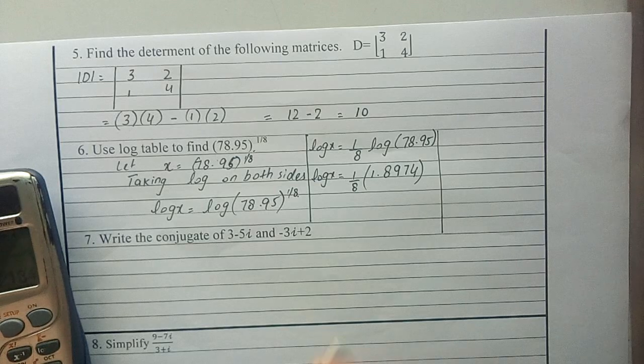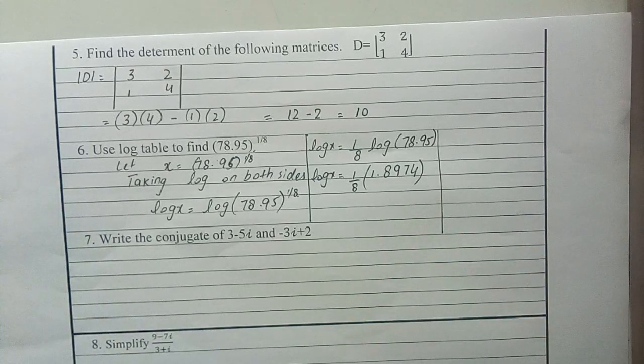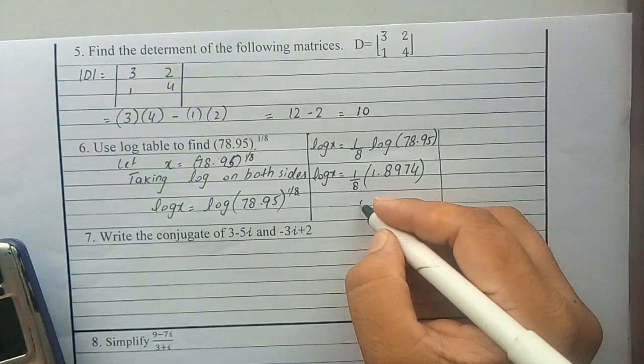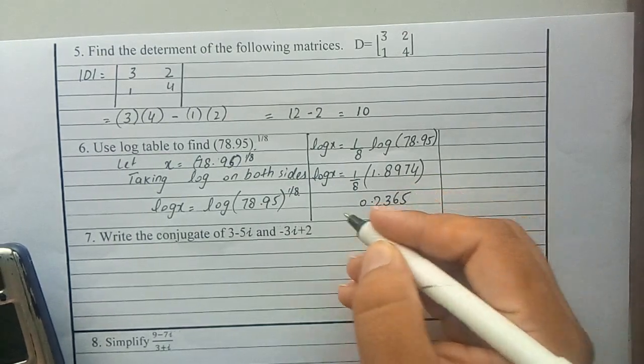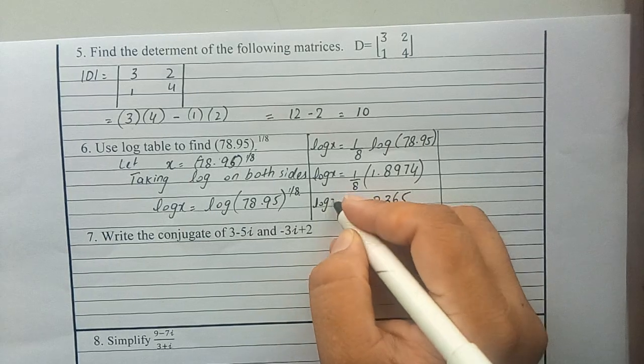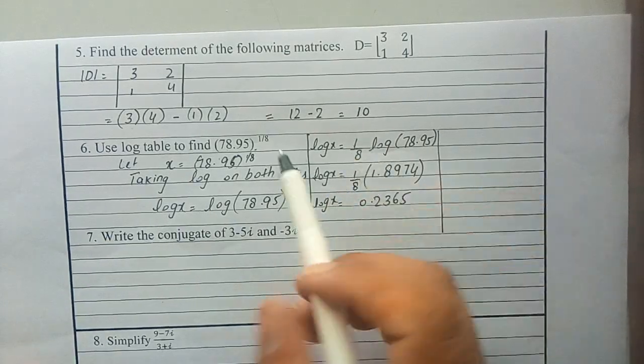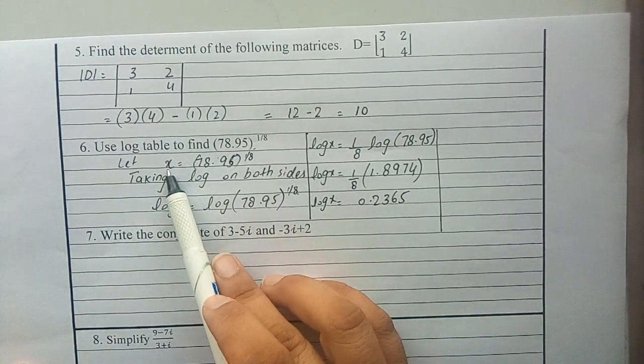Next we will divide this term by 8. By dividing 1.8974 by 8, we have 0.2365. Students, this is the answer of log of x, but we have to find the number x itself.